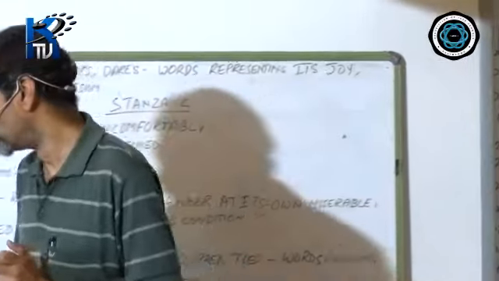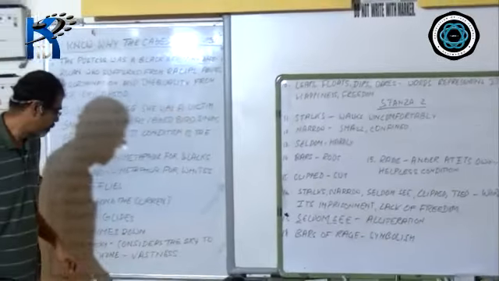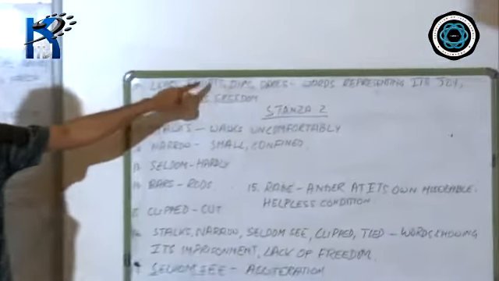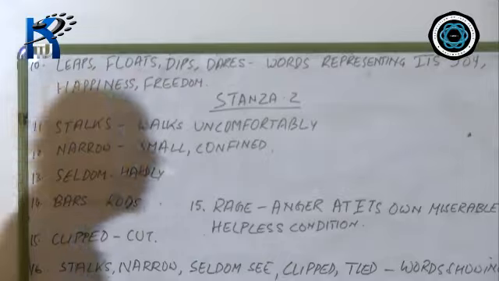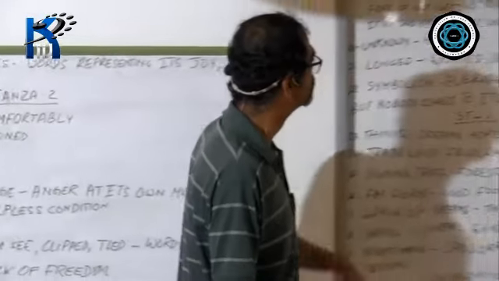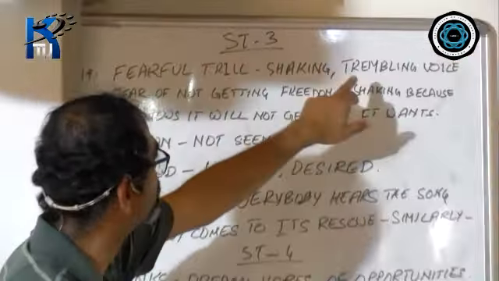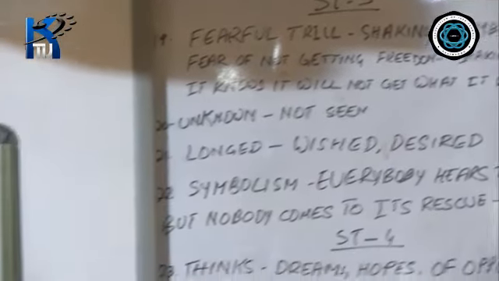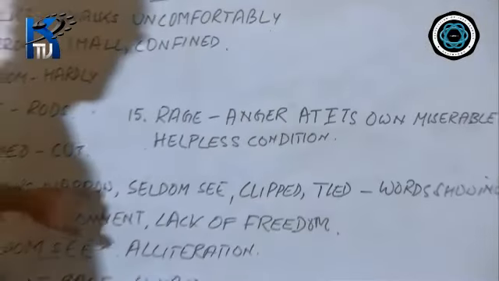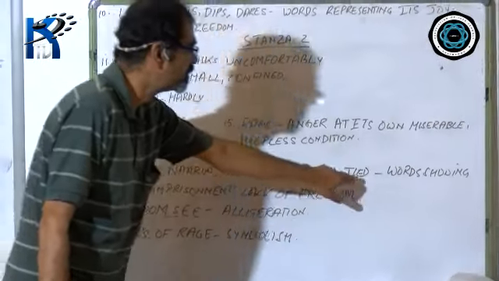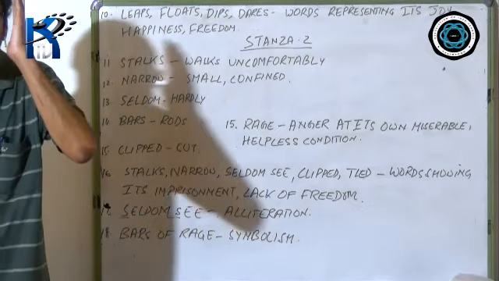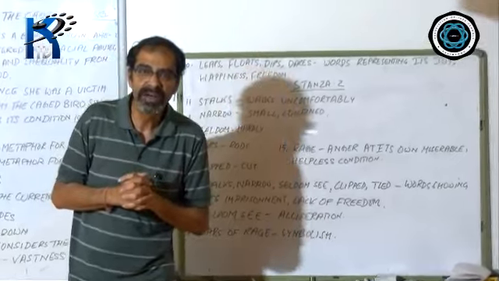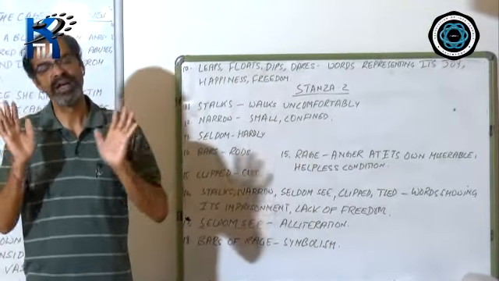See, these words, leaps, floats, dips. If you look at these words, shaking, trembling. If you look at the words stalks, narrow, clipped, tied, you can visually imagine the condition of the free bird as well as the caged bird.